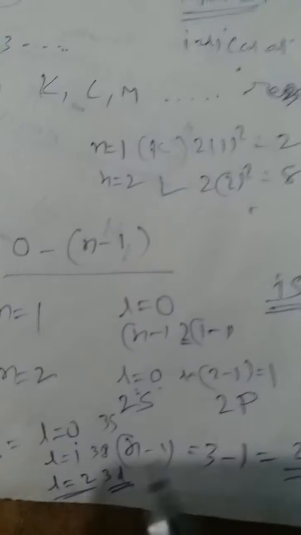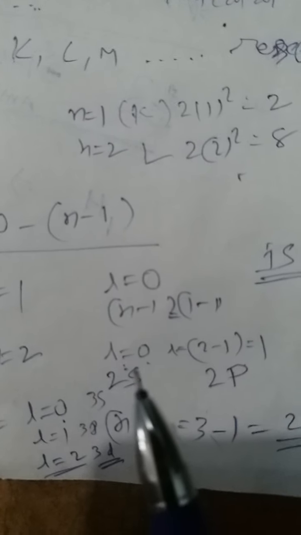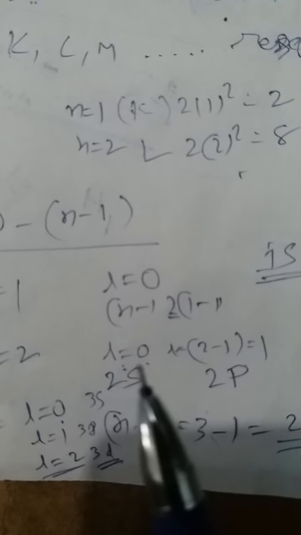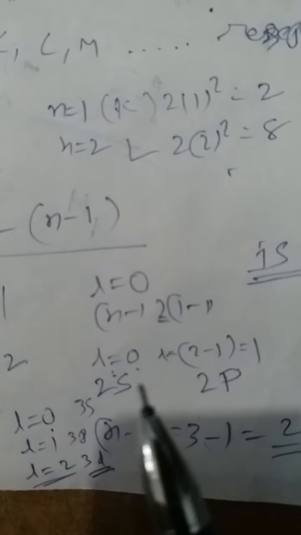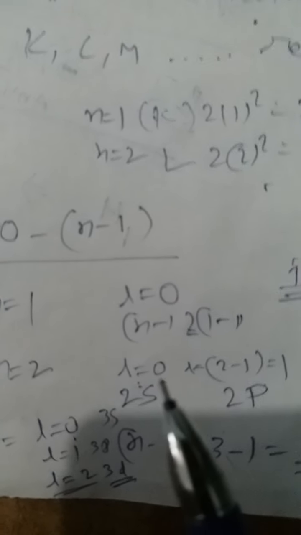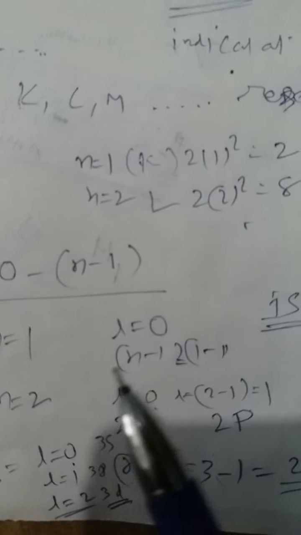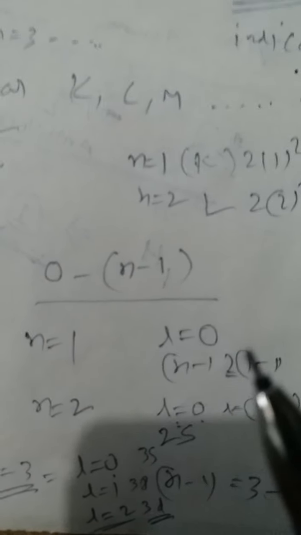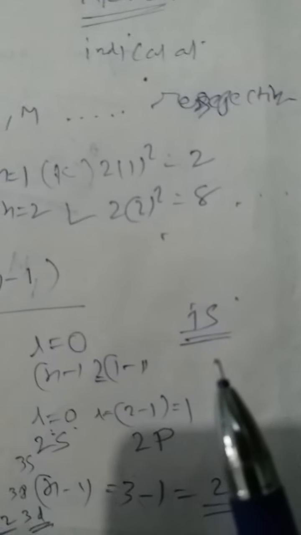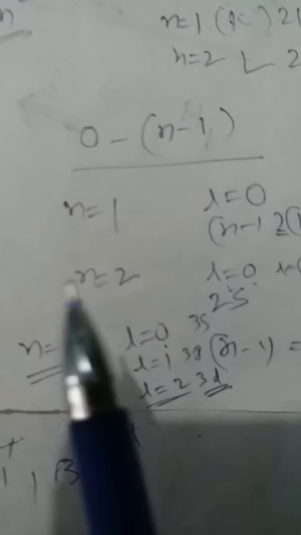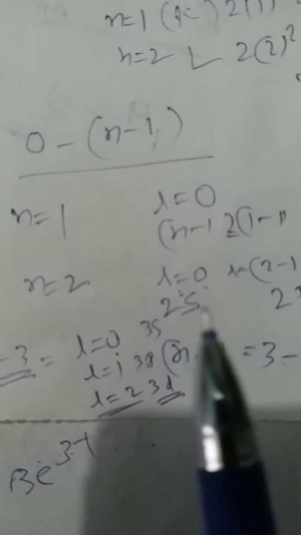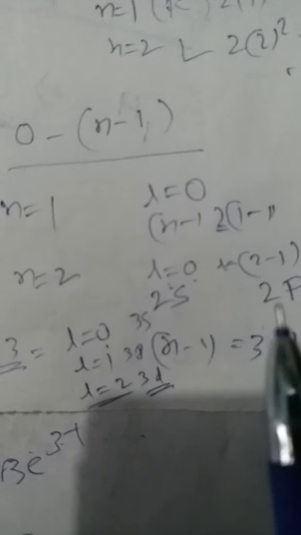n equal to 2 has two substationary states: l equal to 0 and l equal to 1. For n equal to 1, the substationary state with l equal to 0 is called the 1s substationary state. n equal to 2 has two substationary states, l equal to 0 and l equal to 1, namely the 2s and 2p substationary states.